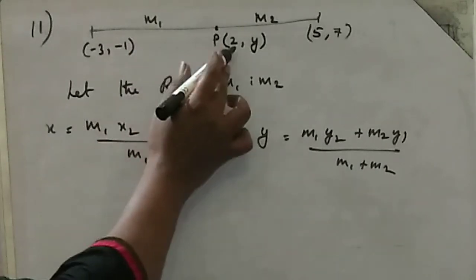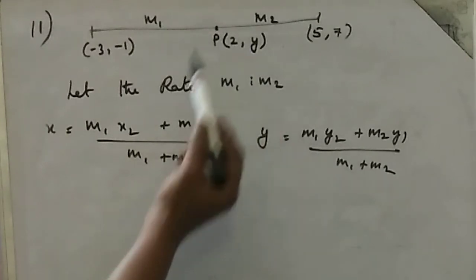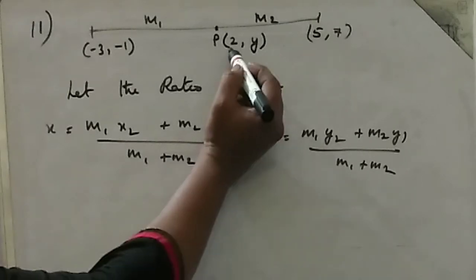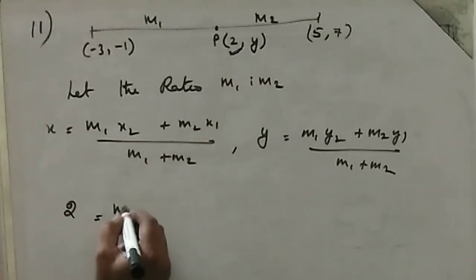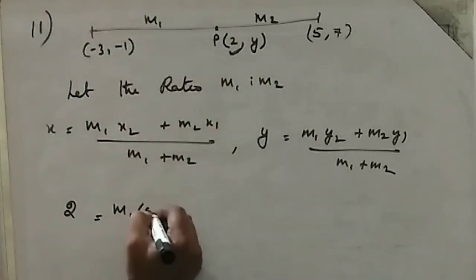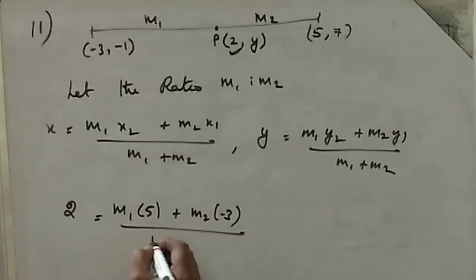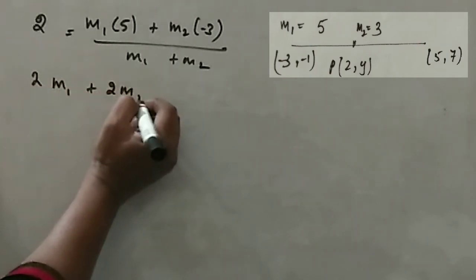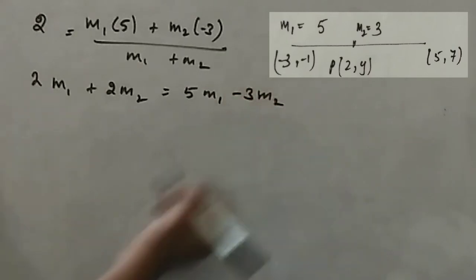Now see here, 2 and y. Which one do we have to take? 2. So 2 is equal to (m1 into 5 plus m2 into -3) upon (m1 + m2). Cross multiply: 2m1 + 2m2 is equal to 5m1 - 3m2.